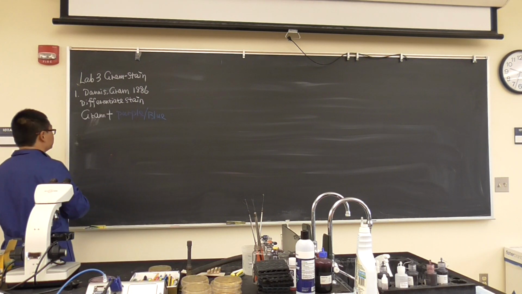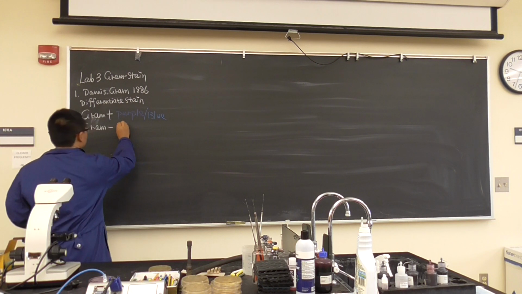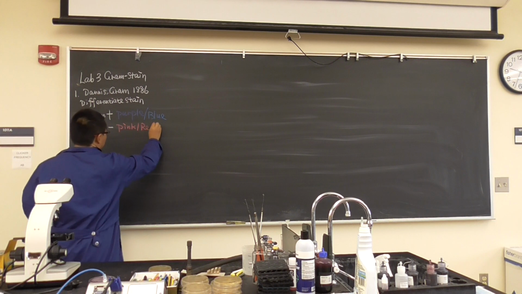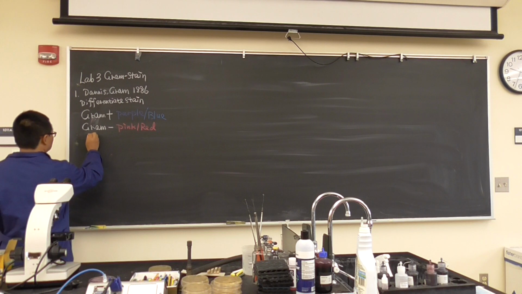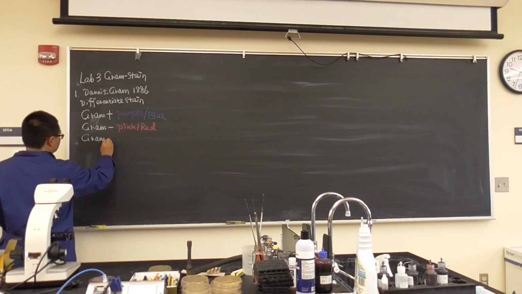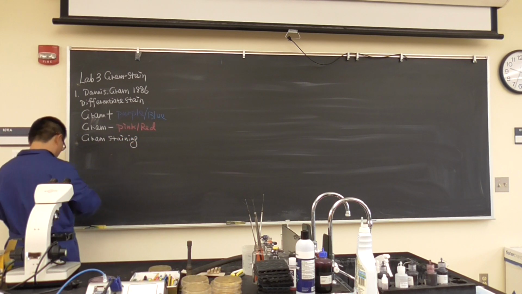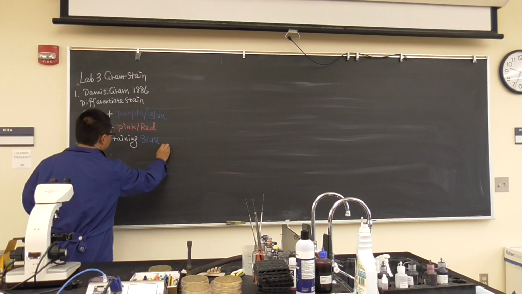Gram-negative bacteria stain pink, or we say red. And for fungi, we say Gram staining blue. So we do not really say positive or negative, we just say staining blue.